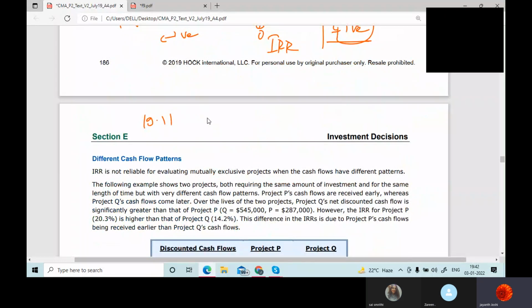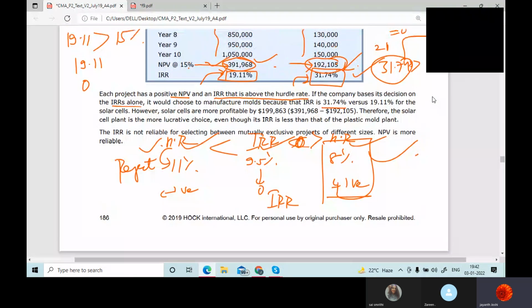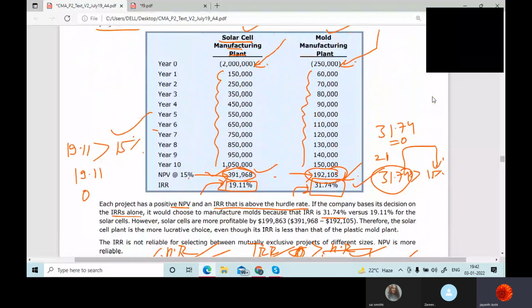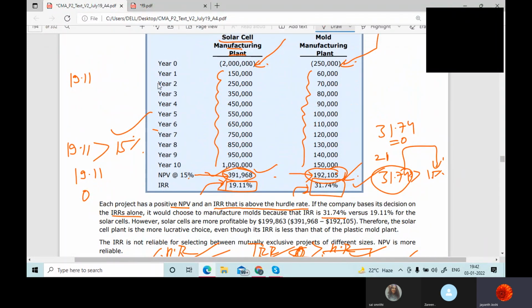19.11, 31.74. So I'll give you a task, a case study. These are your cash flows. 19.11 is your IRR.